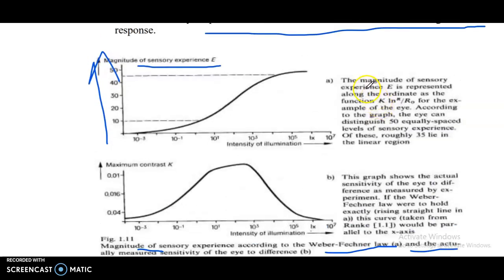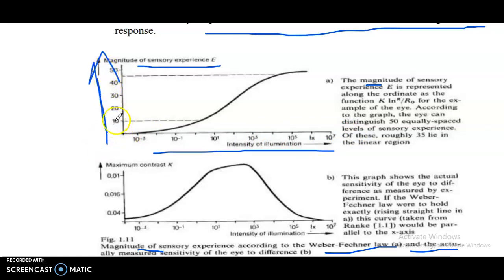That is, the magnitude of sensory experience is represented along the ordinate as a function of intensity of illumination on the x-axis. The scale is 10 to the power minus 3, 10 to the power minus 1, 10 to the power 1, 10 to the power 3, 10 to the power 5, 10 to the power 7.